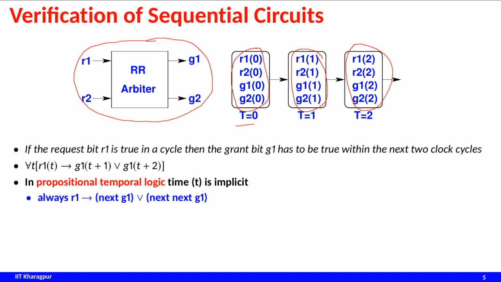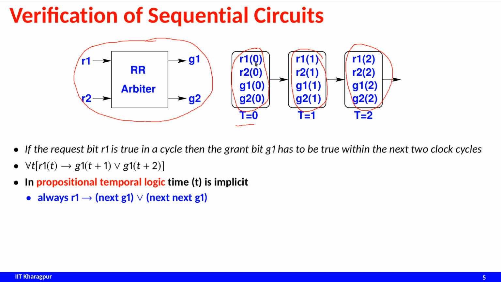Now if I want to specify properties, like if the request bit R1 is true in a cycle, then the grant bit G1 has to be true within the next two clock cycles, we can do it in this manner. The main idea is that we would like to augment the propositional logic with this temporal notion. When we unroll this circuit, the variable R1 is not just a single variable, but R1 has a time index.